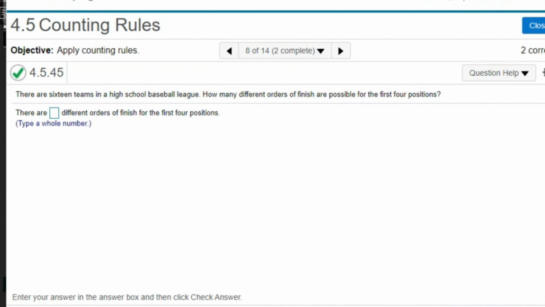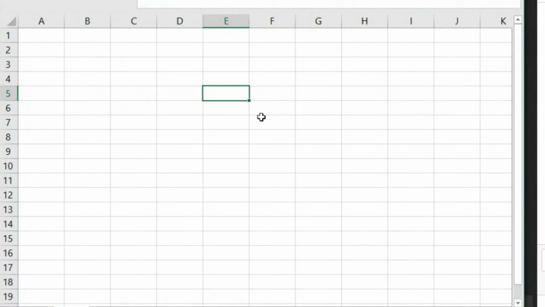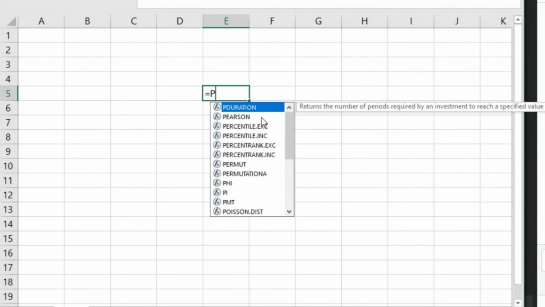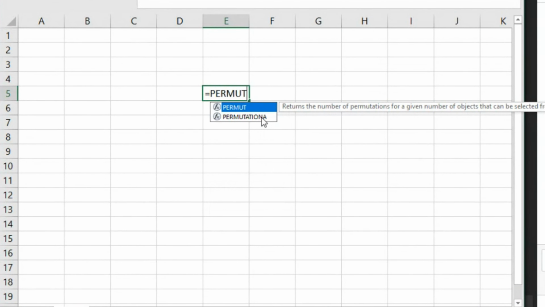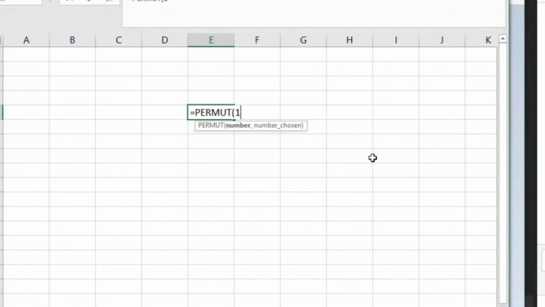We can use the PERMUT formula in Excel, P-E-R-M-U-T. So we have 16 total and then 4 for little n. So using Excel, we can type in equal to, then P-E-R-M-U-T, then in parentheses, the number, that's 16, and then the number chosen.